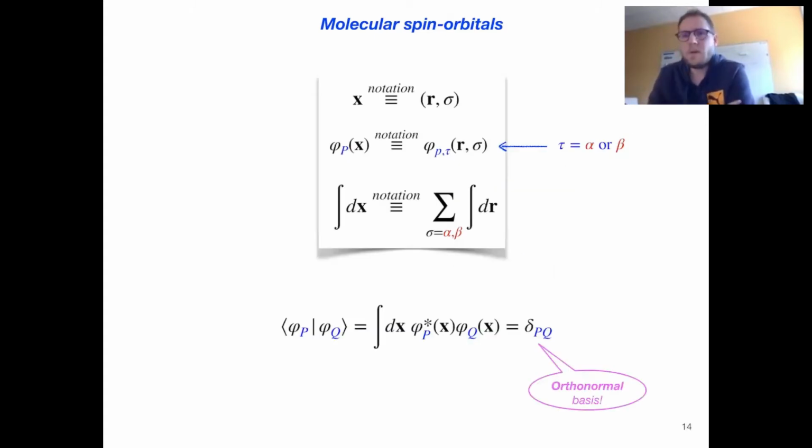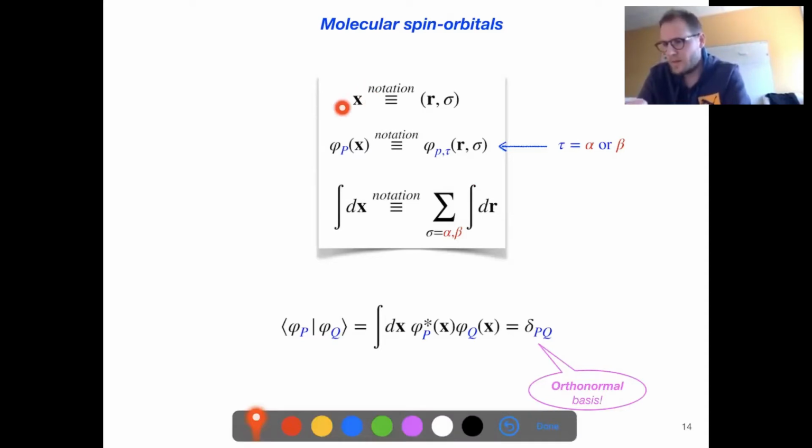So if I summarize the notations, and that's why I spent some time on that, just to be sure we understand each other, now my spin orbital, which fully describes the quantum state of a single electron, has a variable x. I denote it x in bold form here. So that variable is what?